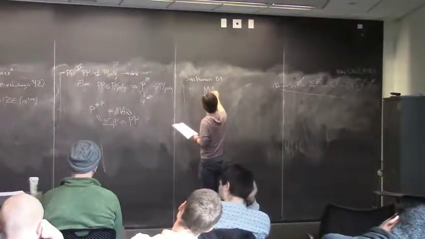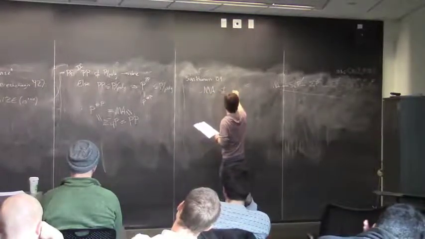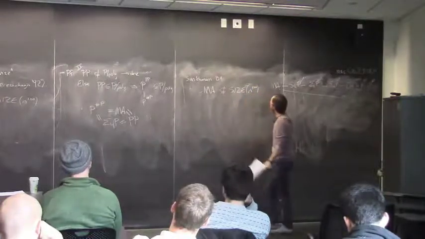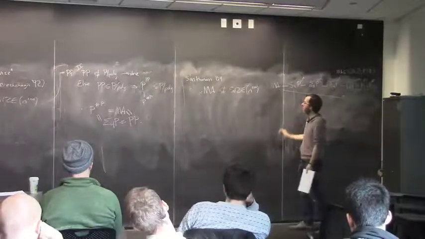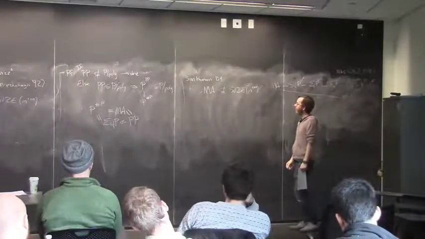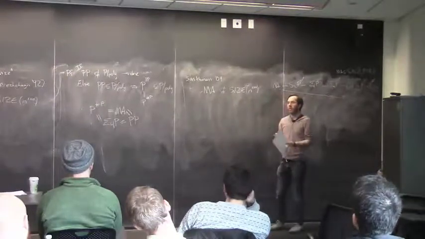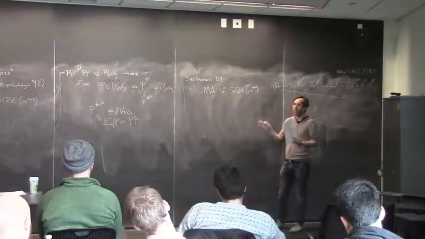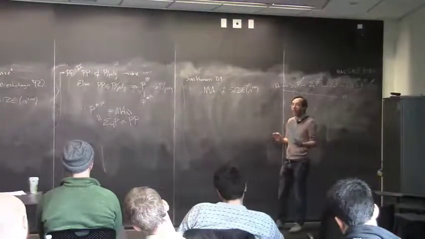Promise MA doesn't have circuits of size n to the 100. We'd all really like to get that for MA, or even NP, but MA is cool. He basically gets it, except for promise MA. So here you're talking about, instead of decision problems, promise problems: those problems where there are some strings where the answer is yes, some strings where the answer is no, and some strings that you just don't worry about.